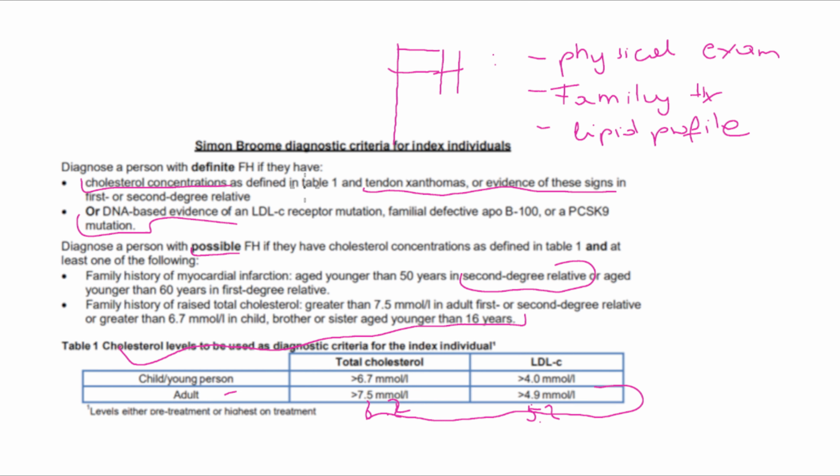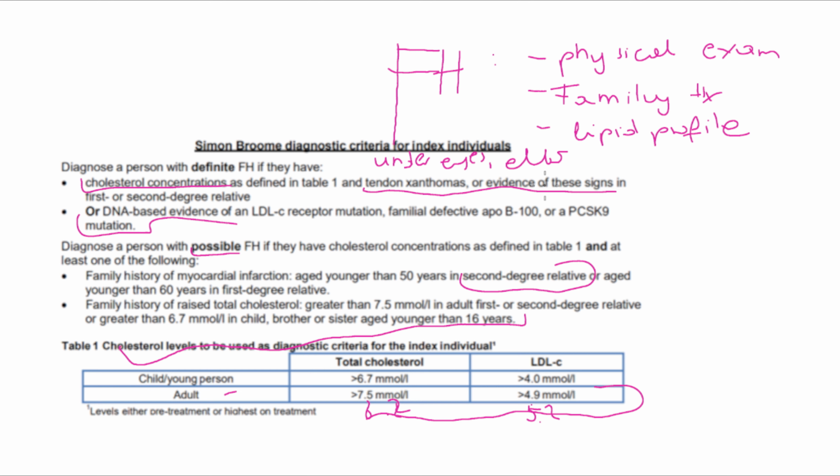What else do they say? The patient should have attendant xanthomas. She has them under the eyes and on the elbow, or evidence of these signs in a first or second degree relative. We don't know anything about her relatives.